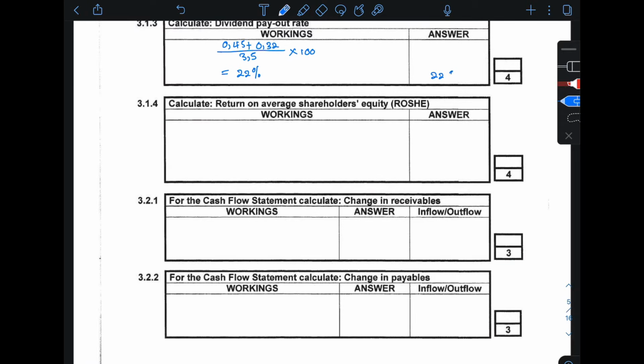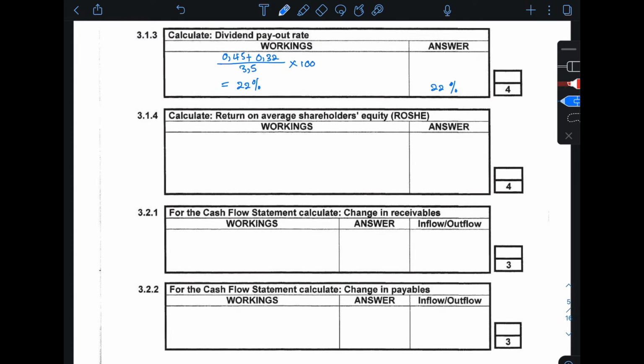And then what I'm getting here is 22%. Then 3.1.4 requires us to calculate the return on average shareholders' equity. If you can't really memorize the formula, it says return. Return is profit after tax, on what?